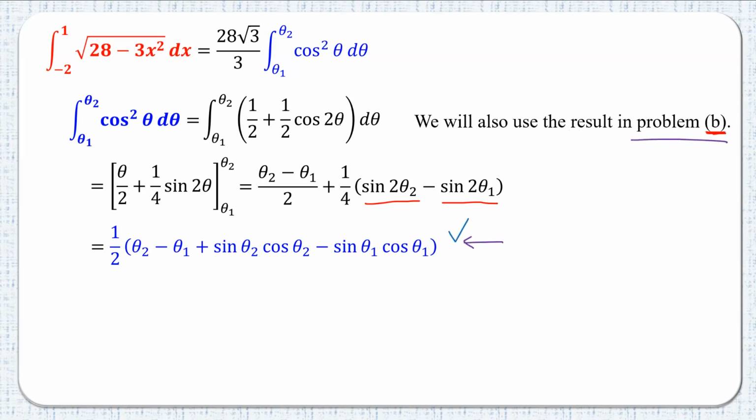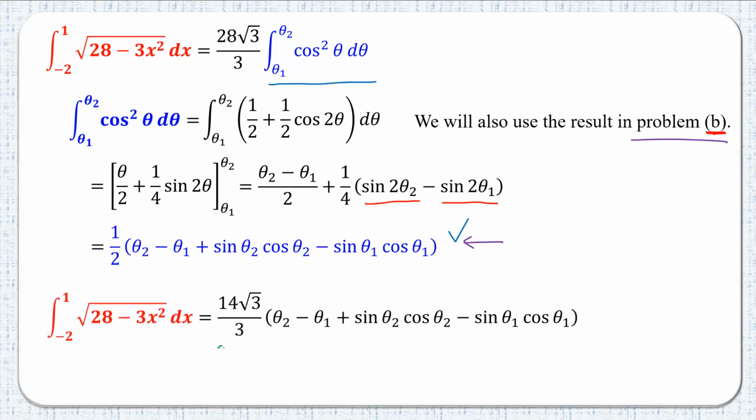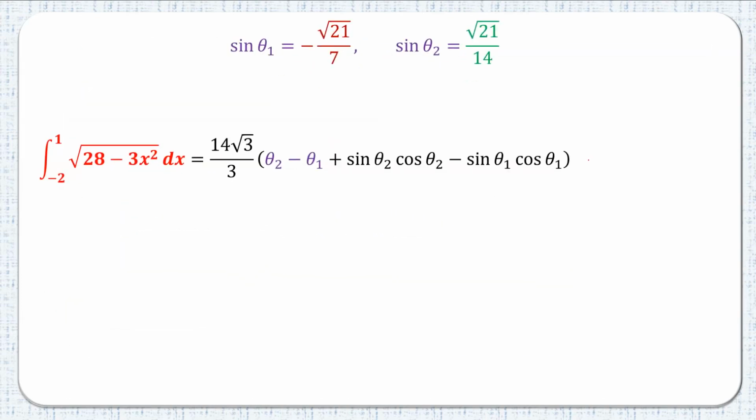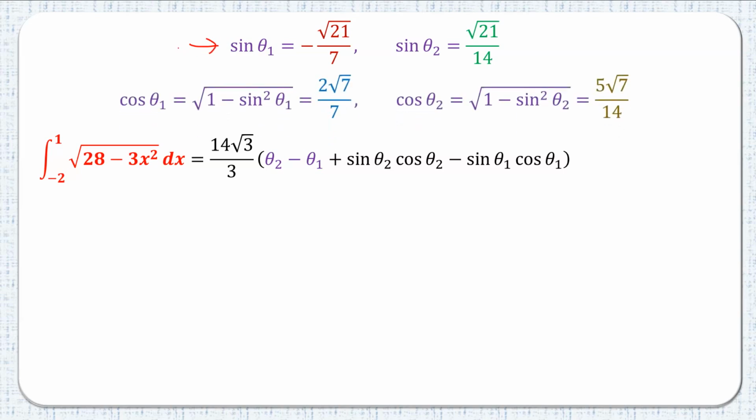For now, let's substitute this into here, which gives, now the constant multiplier becomes 14 square root of 3 divided by 3, and then we have theta 2 minus theta 1 plus sine theta 2 cosine theta 2 minus sine theta 1 cosine theta 1. Now it's time to express this in terms of numbers, using these values of sine theta 1 and sine theta 2. From these sine values, we can also find their respective cosine values as well.